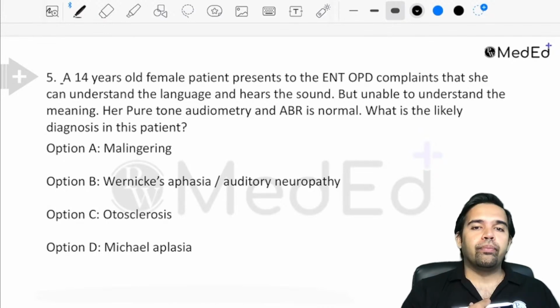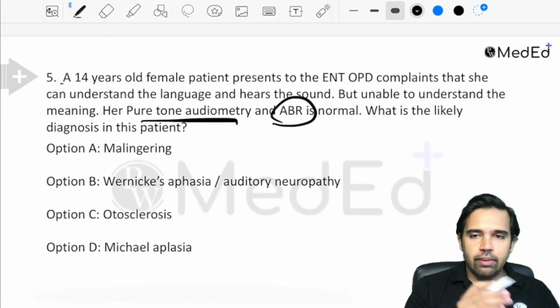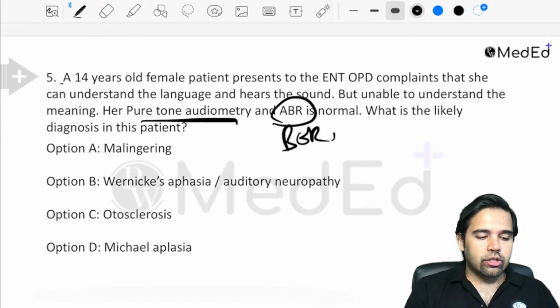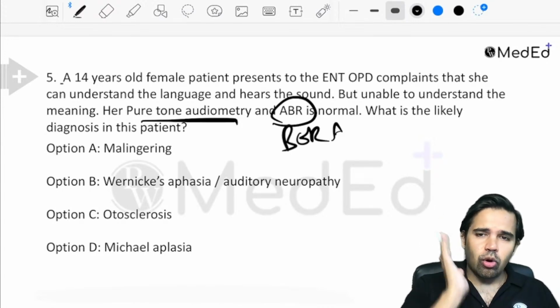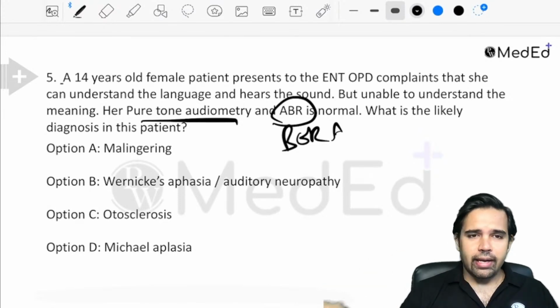So the pure tone audiometry, which is a subjective hearing test, and the auditory brainstem response, also BERA, is normal, which basically means the hearing mechanism all the way till the auditory cortex is normal. Now, what is this? Why is this girl not able to understand? What is wrong over here?